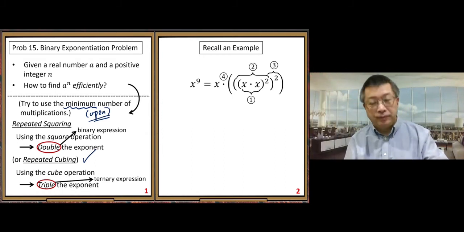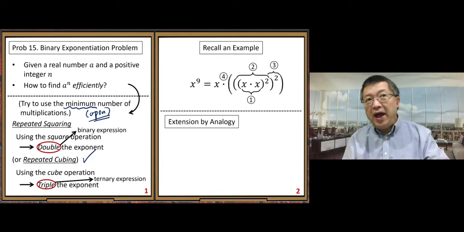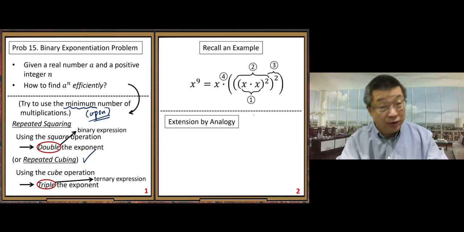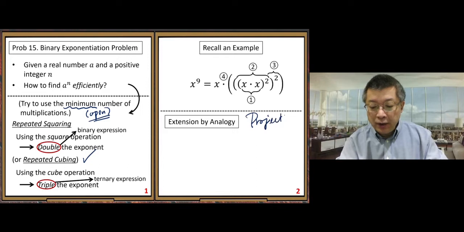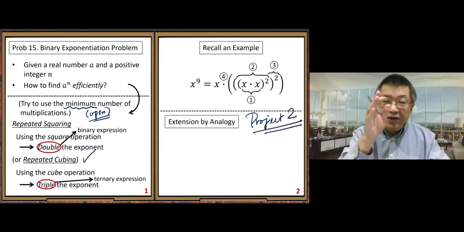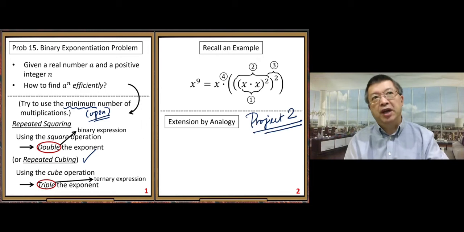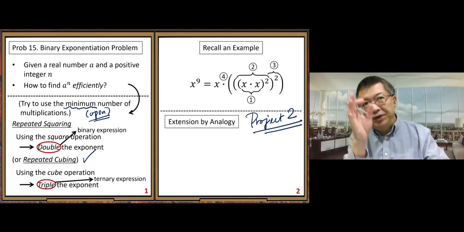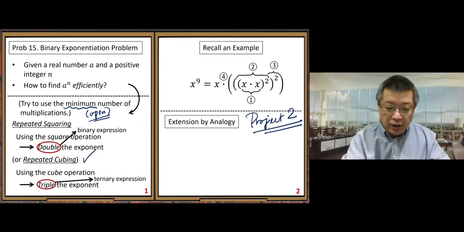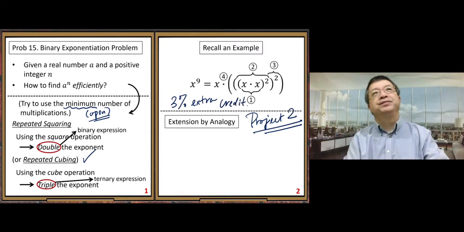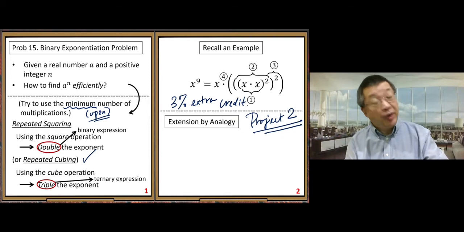All right. Then if we move to our project number 2, although it's optional, here I like to connect this method to that project. For those students who want to try to earn 3% extra credit, try it. It should be pretty interesting.